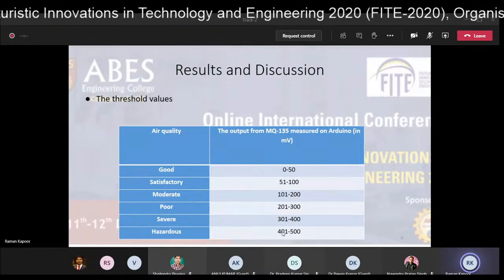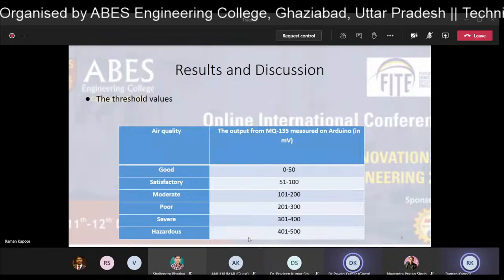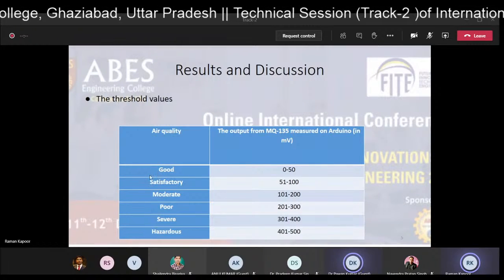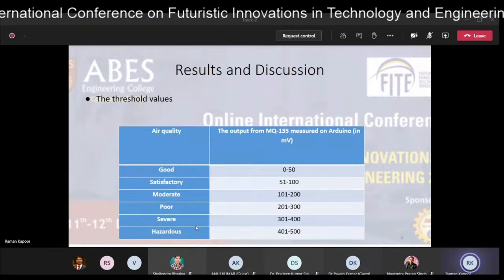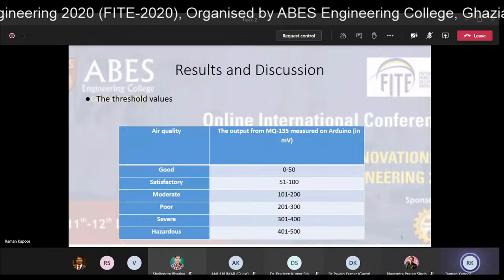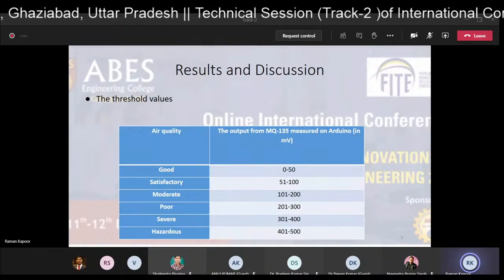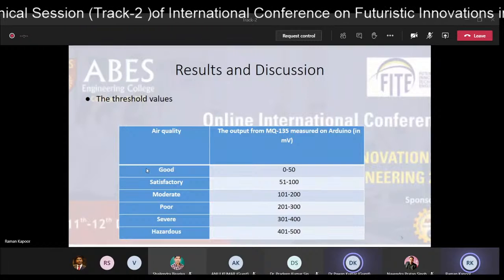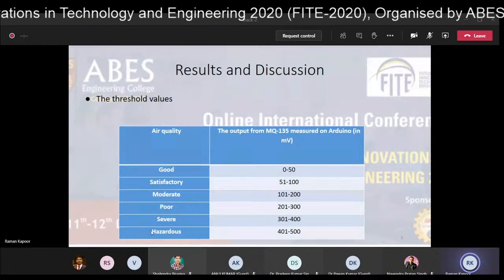The value you see on the right is a voltage in millivolts, depending upon the quality of air. It was taken at different places during high pollution times and immediately after a rainfall, when the pollution level goes down. So you can see this kind of threshold. Basically you can decide.